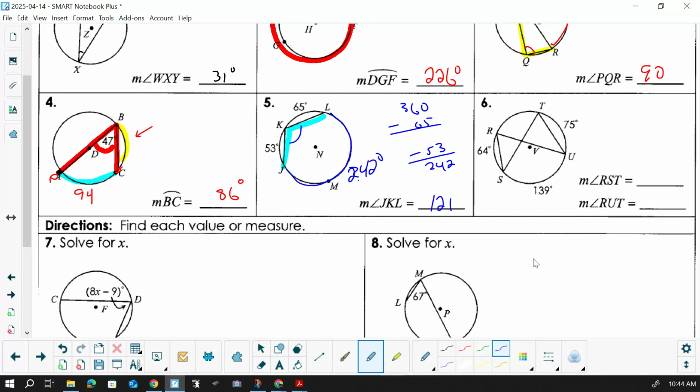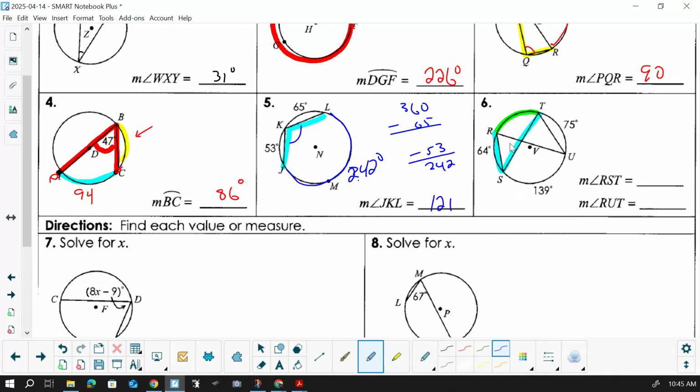Okay. RST, let's see which it's asking for. RST is looking at this arc right here. We don't have it. Okay. But we do have all three of these, so I can do 360 minus those three. So let's do 360 on my calculator, minus that 64, minus the 139, and then subtract that 75, end up with 82.